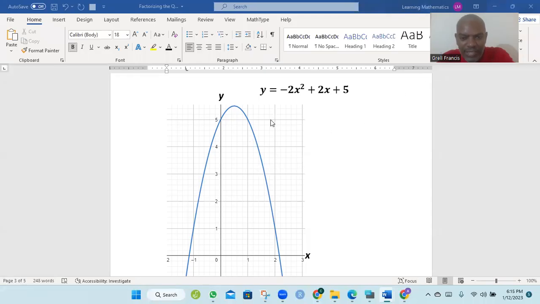Now, when the value of a is a negative value, for example, y is equal to negative 2x squared plus 2x plus 5, a here is negative, you are going to get an N shape for your parabola. And we are going to use GeoGebra graphing calculator to prove this.